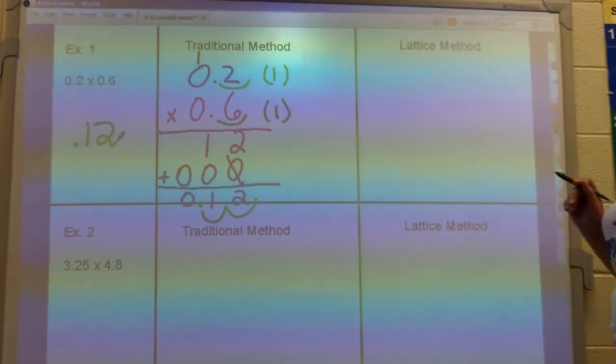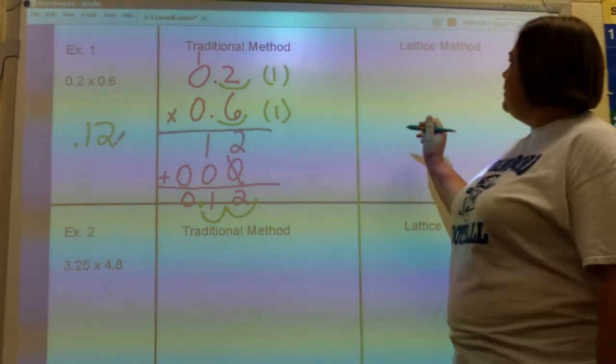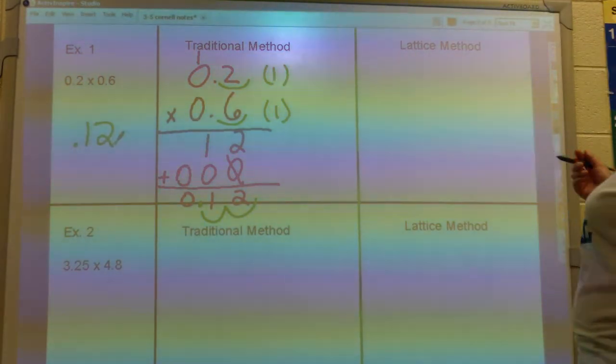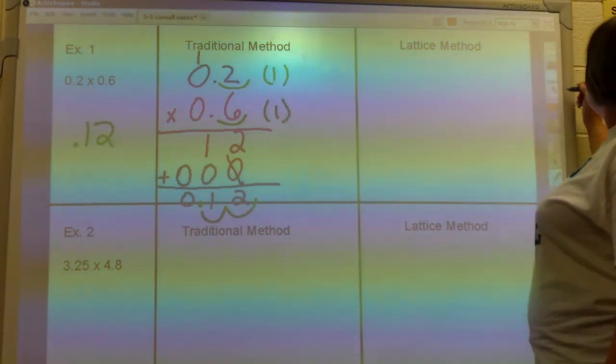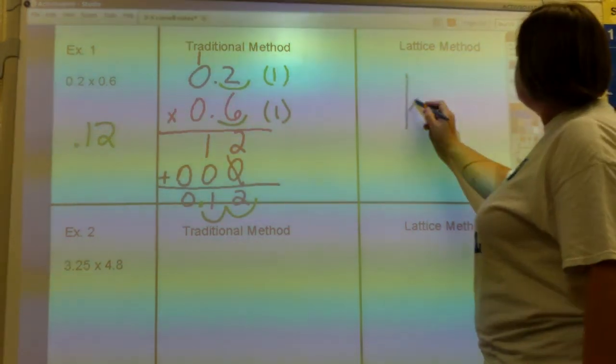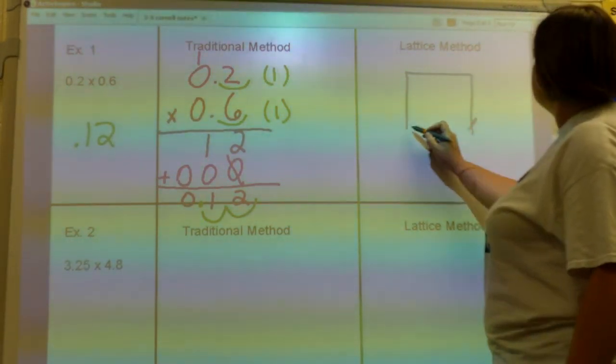If I'm using lattice, I'm going to still do 0.2 times 0.6. So I'm going to make my boxes.